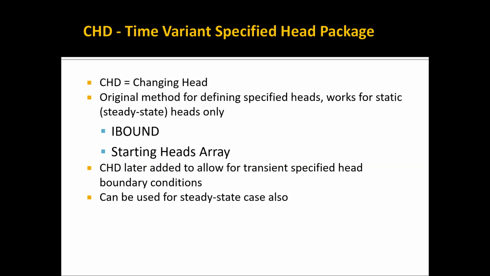And the way it works is the water goes between the constant head boundary and the aquifer, and it's either going into the aquifer or out of the aquifer based on the head difference.